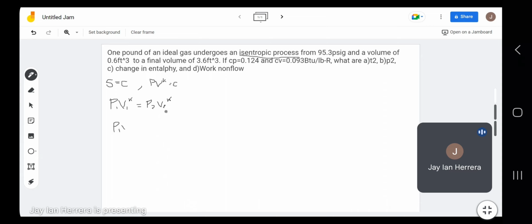So this is the relation of pressure to volume. Another, let me rewrite.